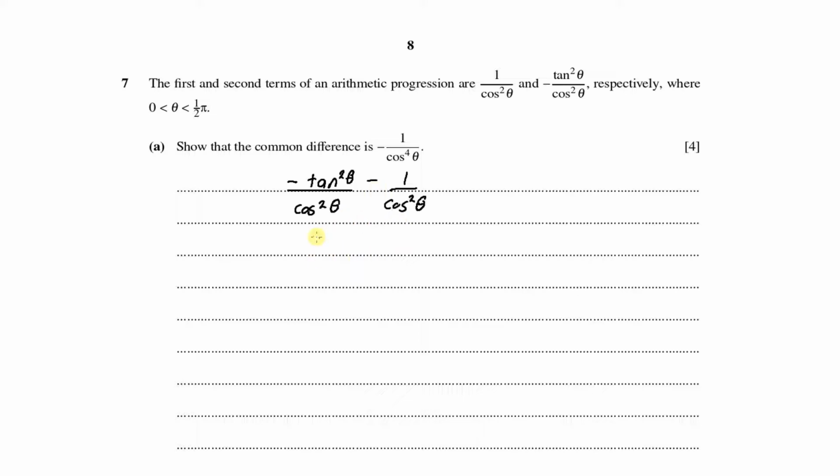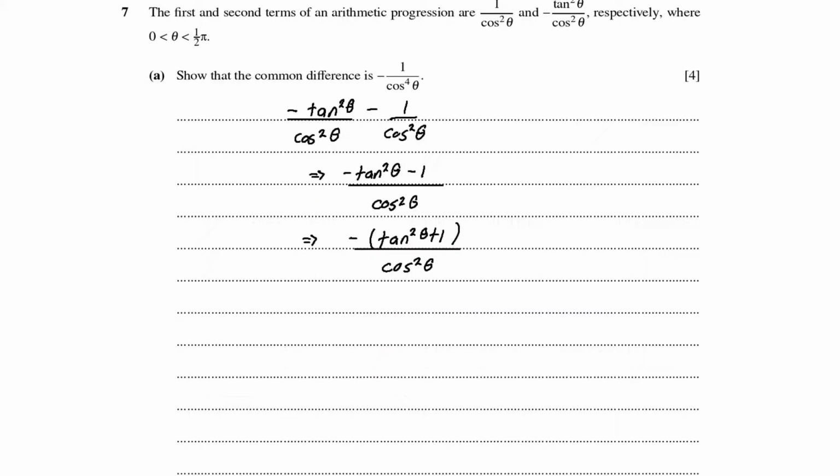So let's simplify this. This is equal to, I have at the bottom here a common denominator, so that's cos squared theta. So I'll have at the top minus tan squared theta minus 1, and this is the same as minus of tan squared theta plus 1, and it's all over cos squared theta.